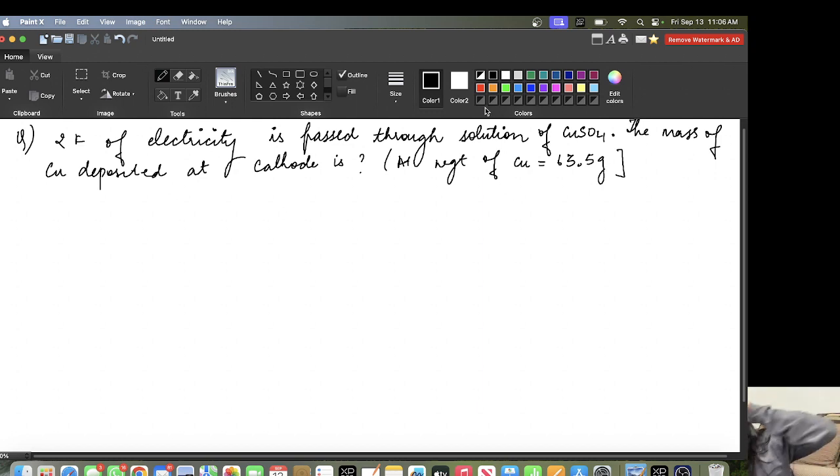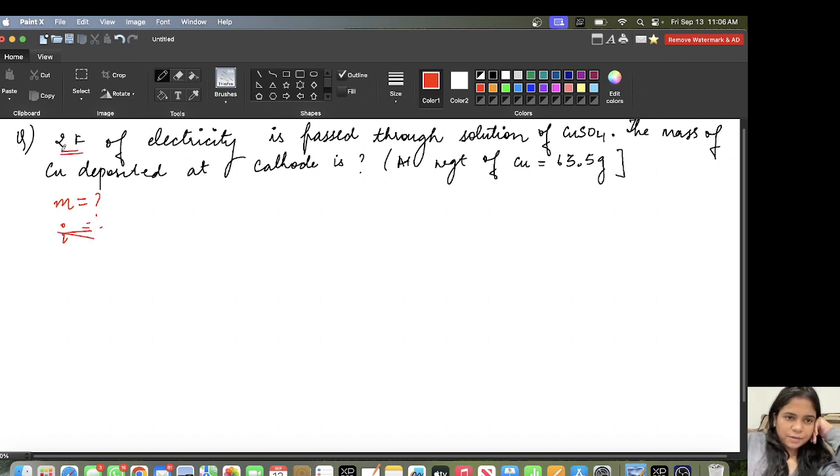If you directly want to do it by formula, you can do it by formula also. Mass they are asking, right? Mass we don't know. I is not given actually, directly Q is given, right?